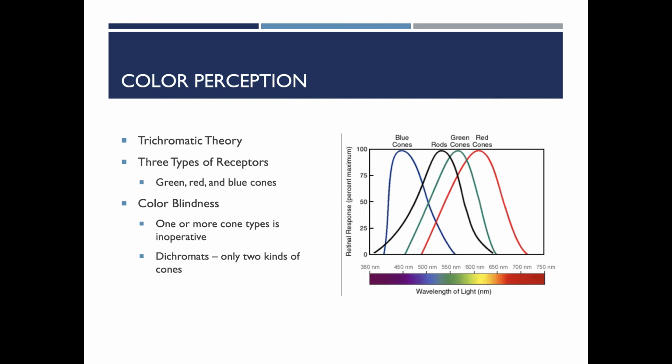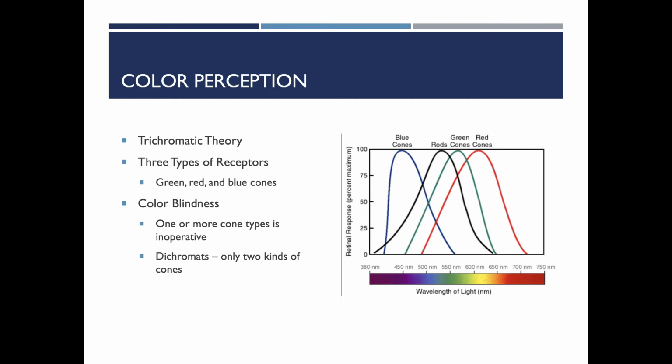Tri means three, and chromatic, chrome is color, so the three color theory is essentially what that means. And what that amounts to is the idea that we have, in the human retina, three types of cones: red, green, and blue cones that see essentially red, green, and blue colors, although it's not really literally those colors, but rather wavelengths.